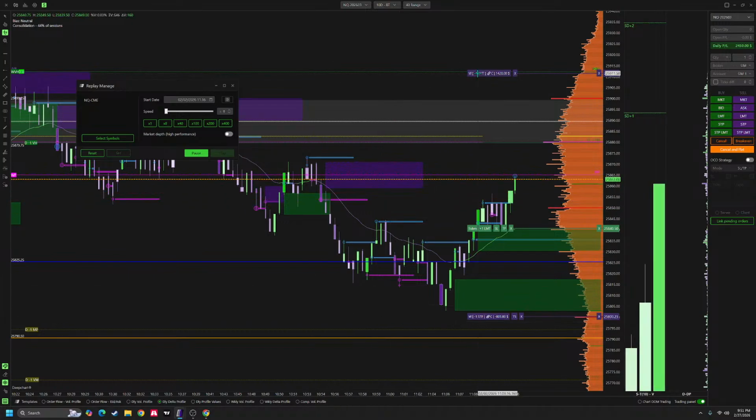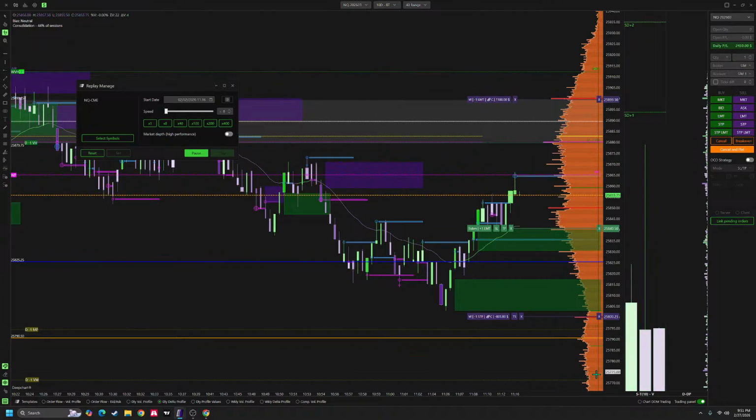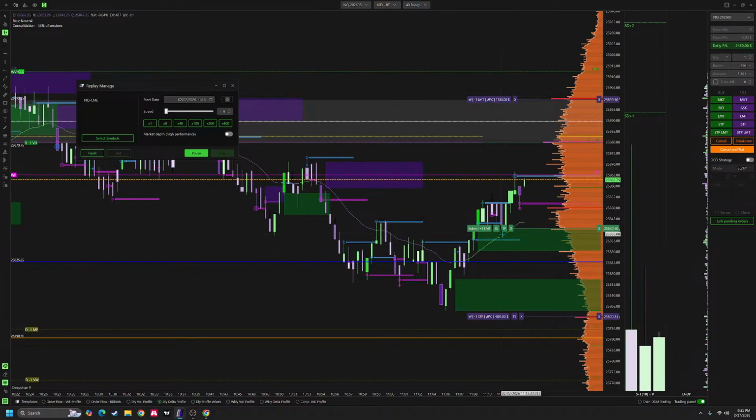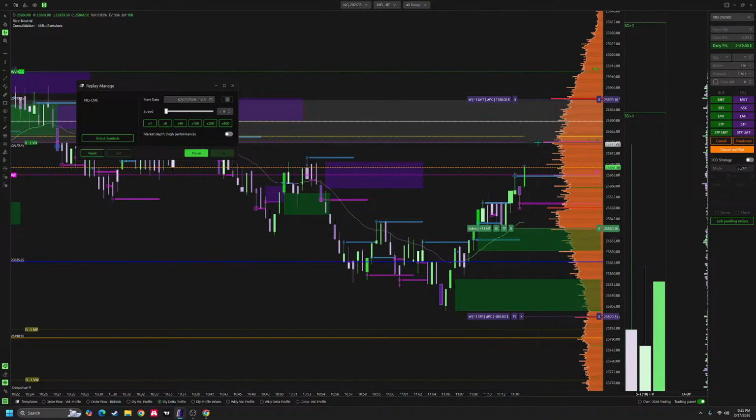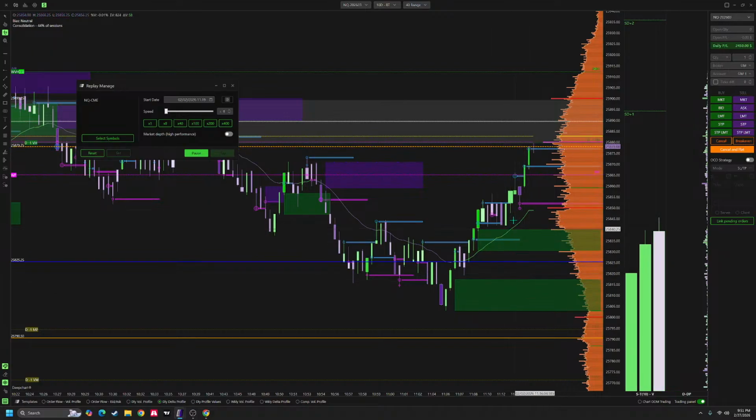Maybe we don't make it all the way up to the initial balance high. Maybe this high volume node right here that I marked before. Or we make it a quick scalp back to the POC, but it already made it to the POC. So I'm going to treat these as no-go.